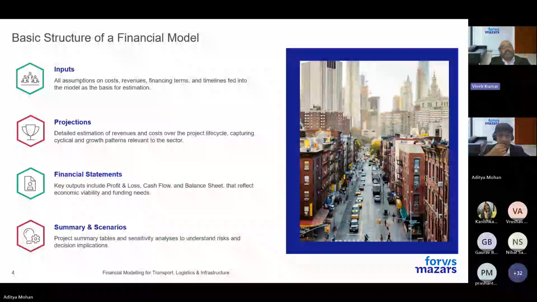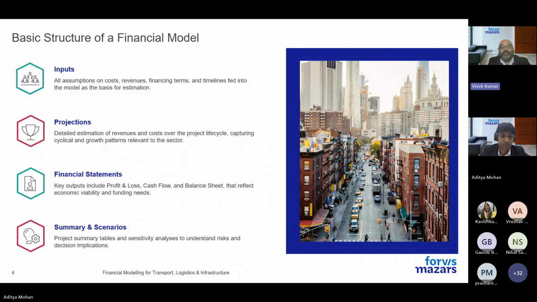In my experience of financial modeling for a large number of projects, what typically happens is that the model tends to get quite complex, and understanding a model is difficult. So often, when you look back at your own model 6 months down the line, it takes you a while to understand what thoughts have gone into it. So visualizing that model, understanding the basic structure is important.